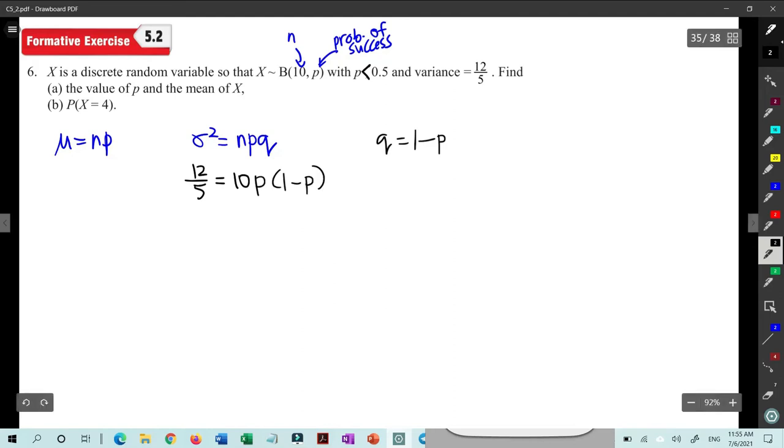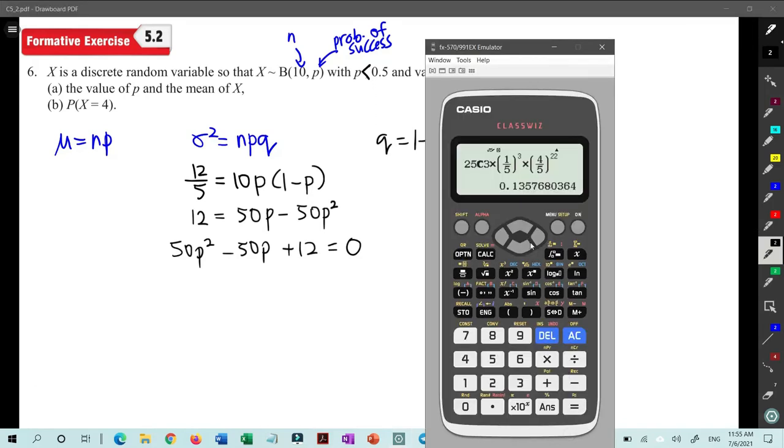So we managed to come up with a quadratic equation. So it's 12 equals 50p minus 50p square. Let's rewrite this in general form. 50p square minus 50p plus 12 equals to 0.